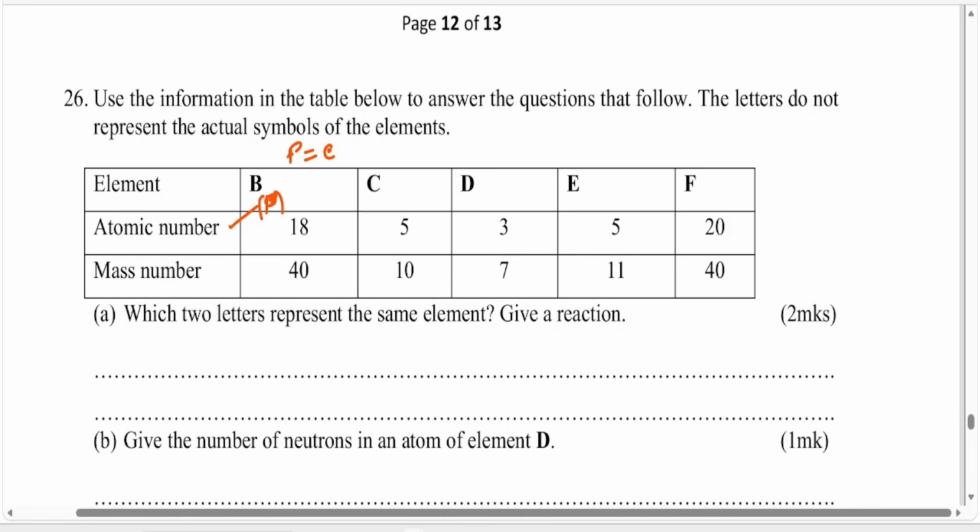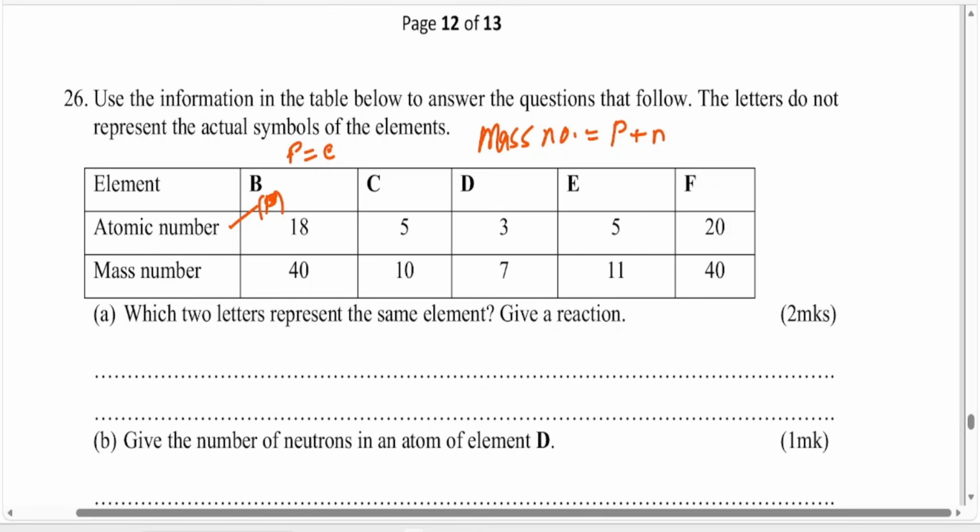So we also have mass number. Mass number is given by the number of protons plus the number of neutrons. So these atomic numbers represent the number of protons, and can also represent the number of electrons.